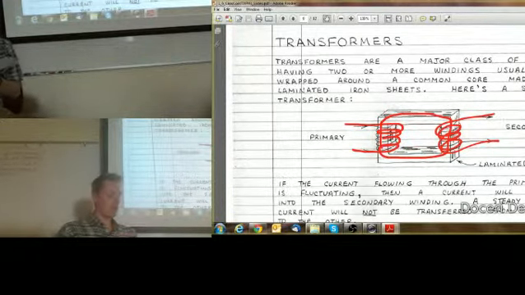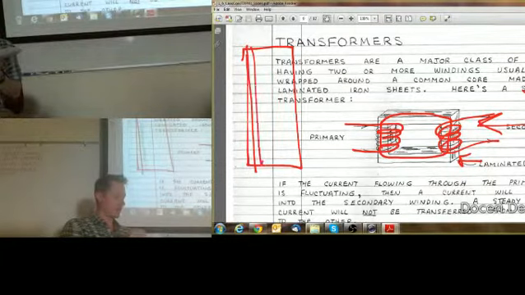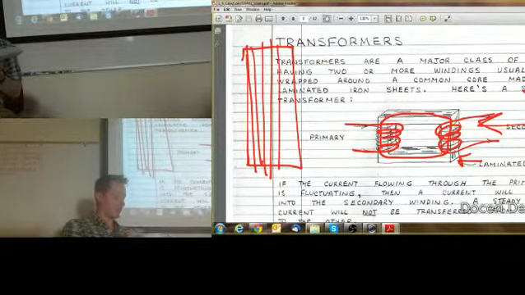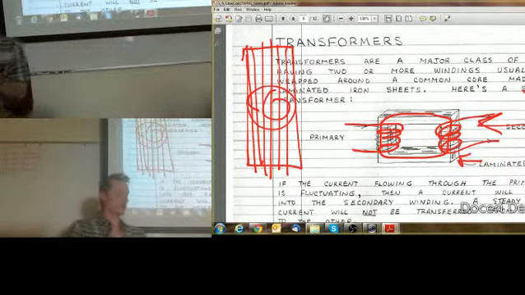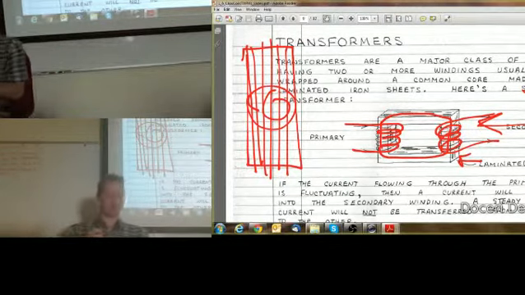Normally what we do in the middle, it says laminated core, when we make that core, if we look at this side view of it, then usually instead of making a core that's just solid, we laminate it with thin strips of metal, and what that does is it prevents currents, we call eddy currents, from flowing inside there. Those eddy currents would tend to heat up the core.